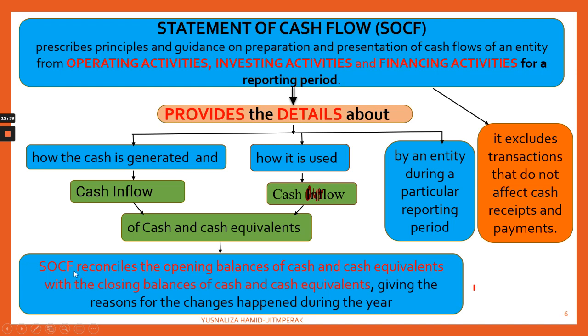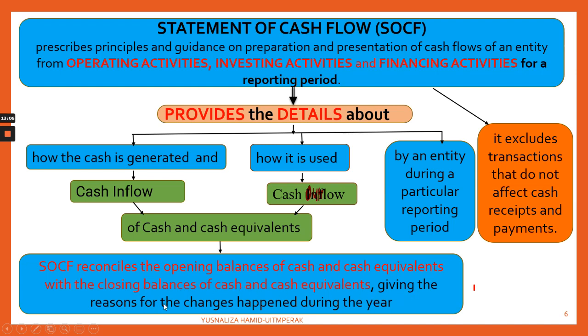And at the end of the day, statement of cash flow or SOCF will reconcile the opening balances of these cash and cash equivalents with the closing balances of cash and cash equivalent. Opening balances mean 1st of January 2000x2 just now. And closing balances is the one as at 31st of December 2000x2, just like what we discussed.